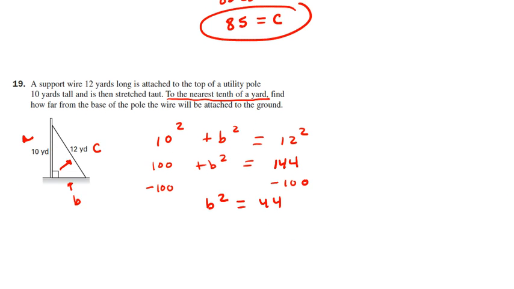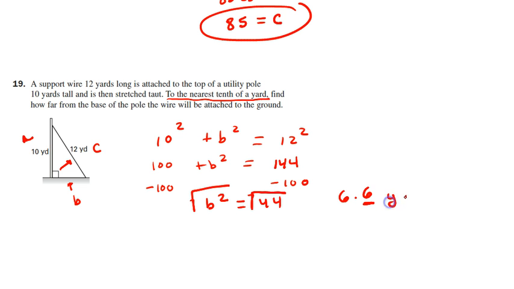Now I know from experience that 44 is not a perfect square. And I need to find the square root of 44. I need to find it to the nearest tenth. Now when I put this into my calculator, I discover that 6.6 would be the answer to the nearest tenth.